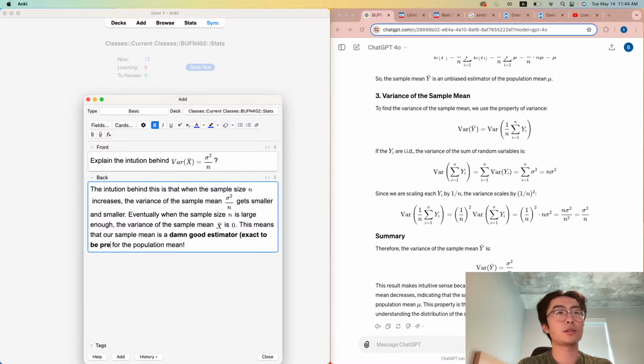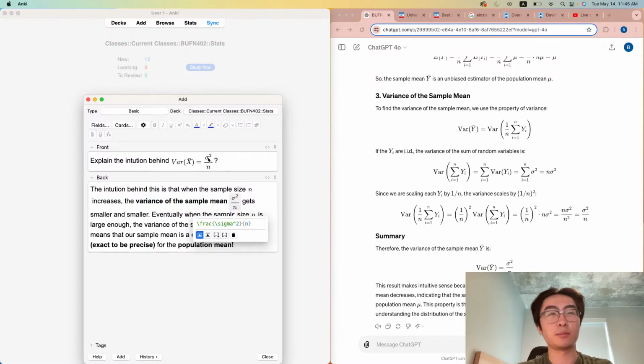Exact to be precise. Okay, so it seems like the intuition behind this is that the variance of the sample mean is the variance of our data set, scaled by 1 over n. So as the sample size n increases, the variance of the sample mean, that's this big term here, gets smaller and smaller.